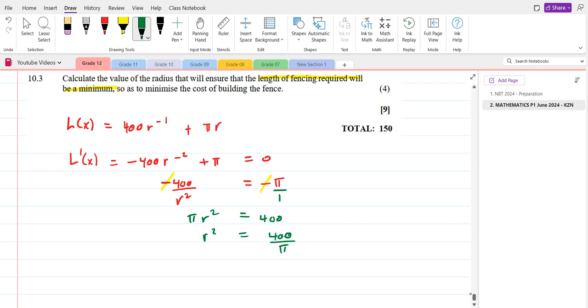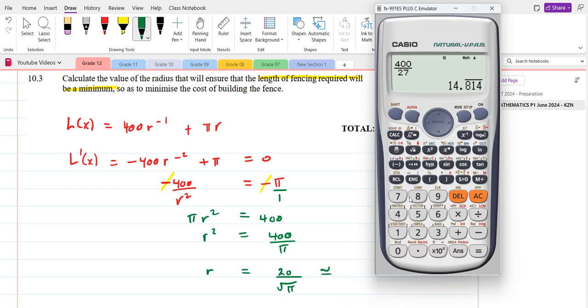Now if you square root both sides, you get r is equal to, what's the square root of 400? 20 over root pi, which is approximately equal to... square root of 400 over pi.